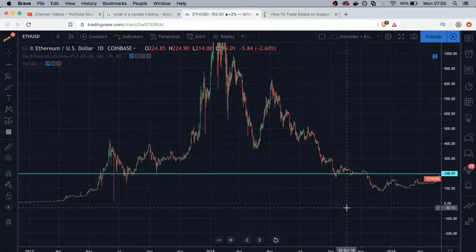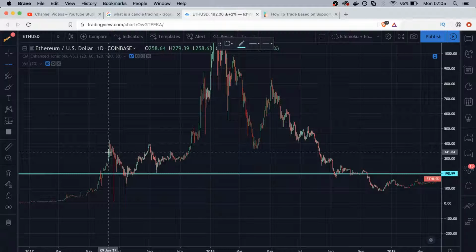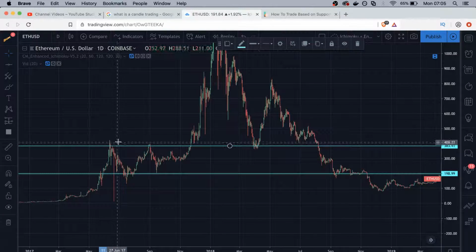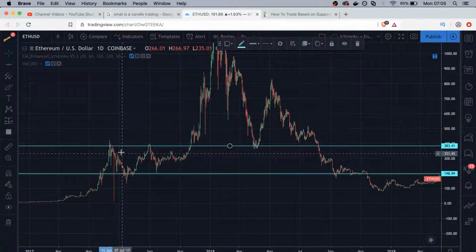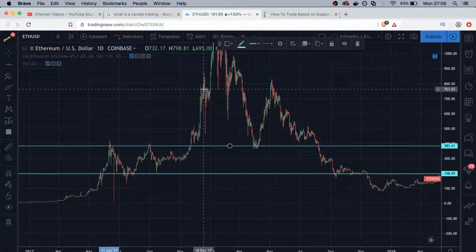Now let's find another one just as an example. In my opinion, this could be one. We've got here a very strong one, so in this case, when the price goes up, it turns back down, so this would be a resistance. Here again, you've got a resistance. However, it managed to break past on the 18th of November and the price went much higher.